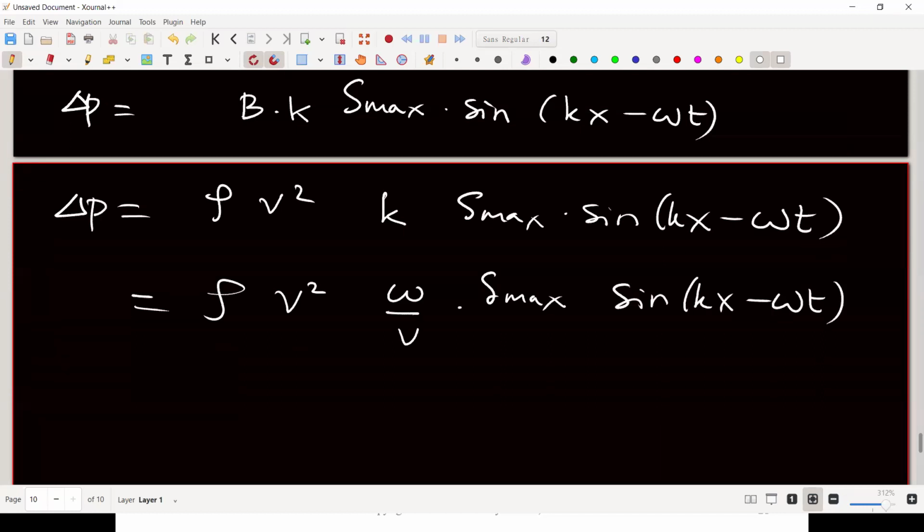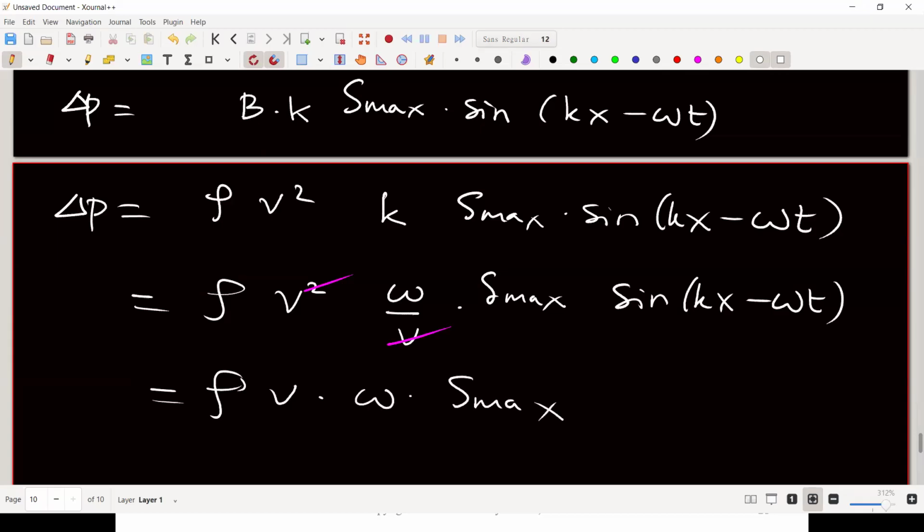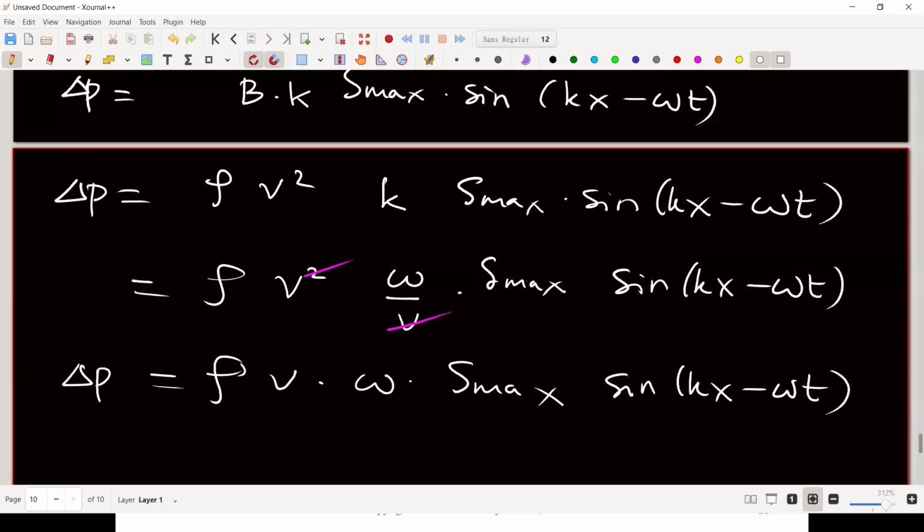This one becomes, we can divide this one, rho v omega S max sin kx minus omega t. So this one is delta p.